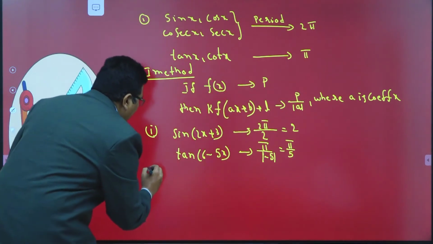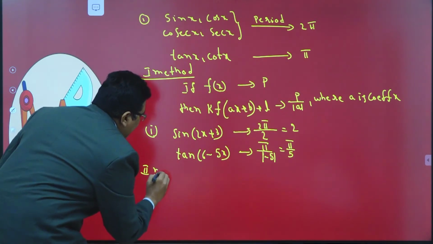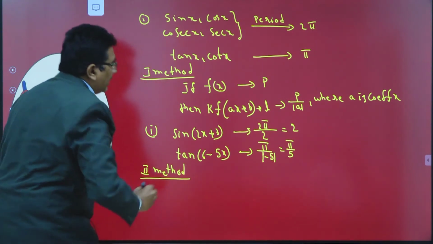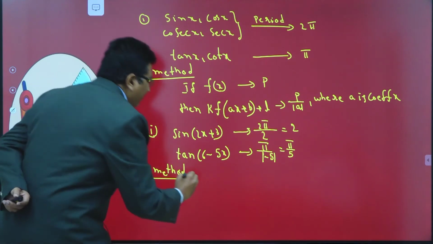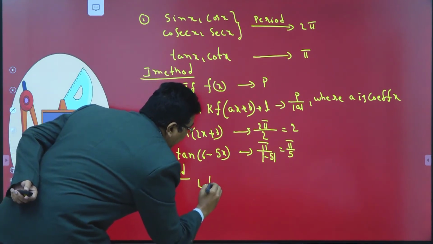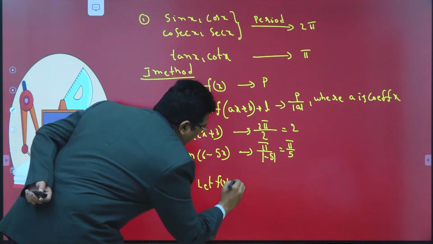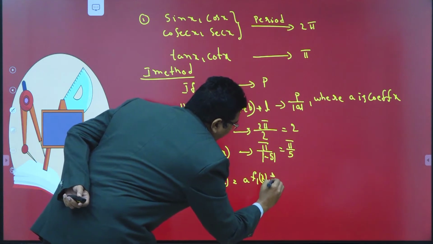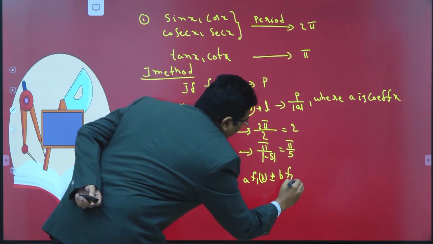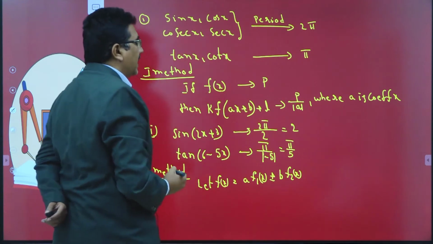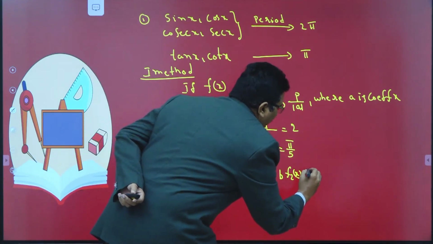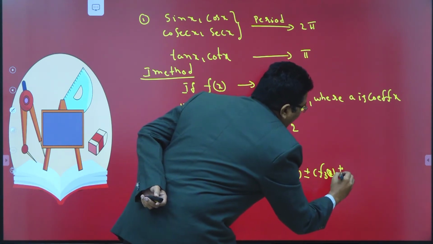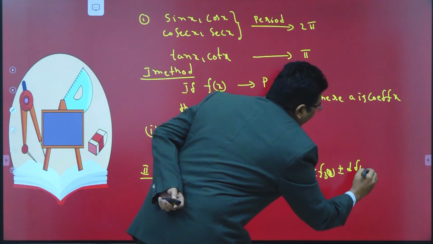Now go to the second method. By using the second method, how do we find the period of a function? In this case, let f of x be equal to a into f1 of x plus or minus b into f2 of x plus or minus c into f3 of x plus or minus d into f4 of x.